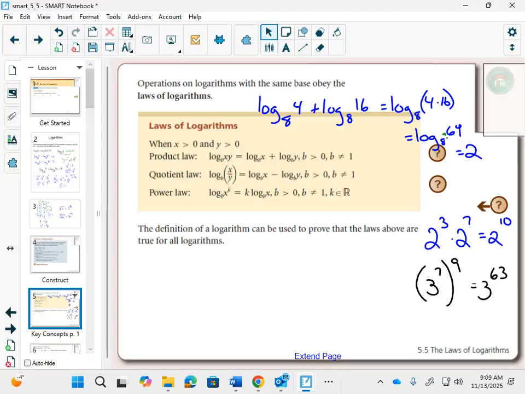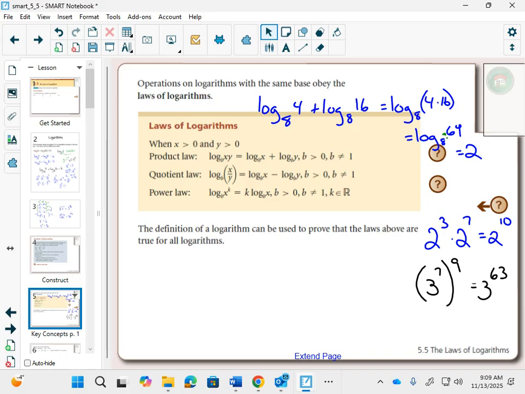So in powers, when you have an exponent outside of a power, you multiply. Now if you have an exponent inside of a log, you just bring that exponent out in front and multiply. All of these laws are connected to each other, and all of these are on your formula sheet.